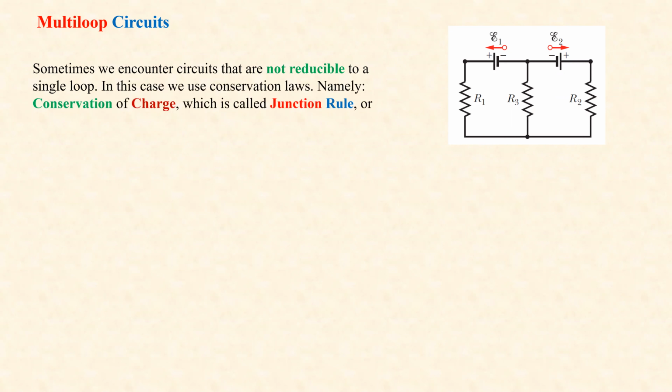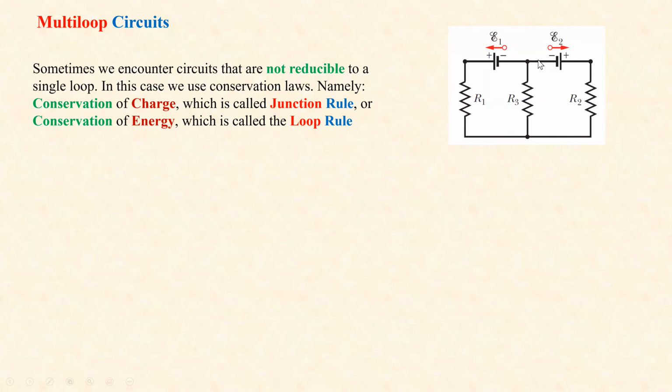So one of the conservation laws is, as I said, conservation of charge, which turns into a rule that's called the Junction Rule. And another is conservation of energy, which is called the loop rule, or sum of potentials equal to 0.